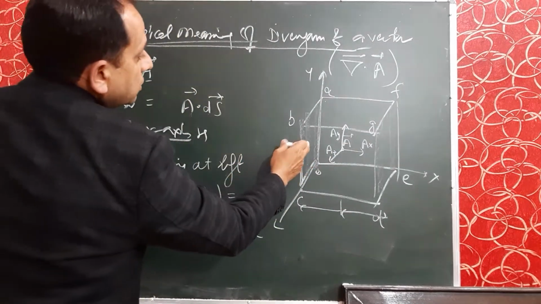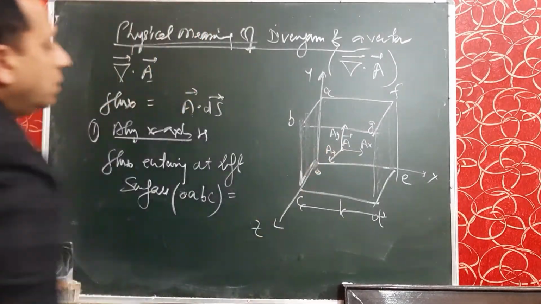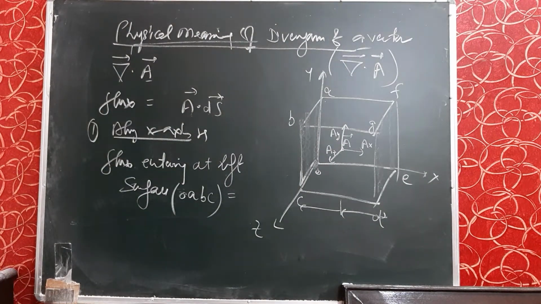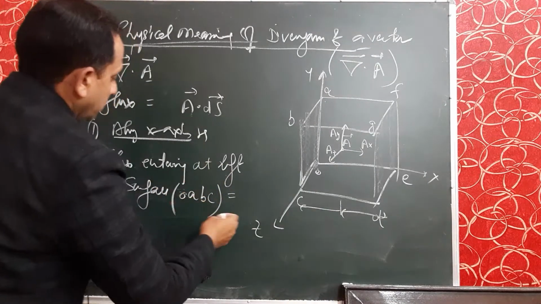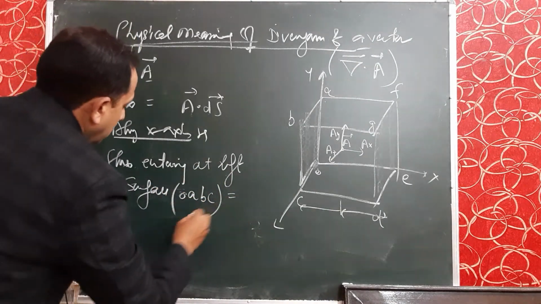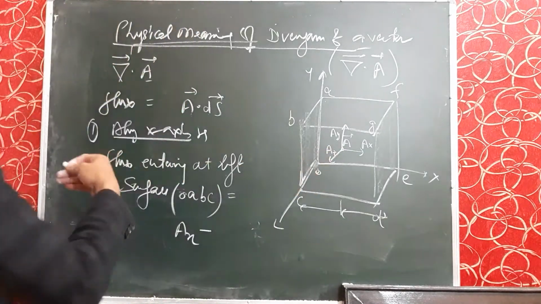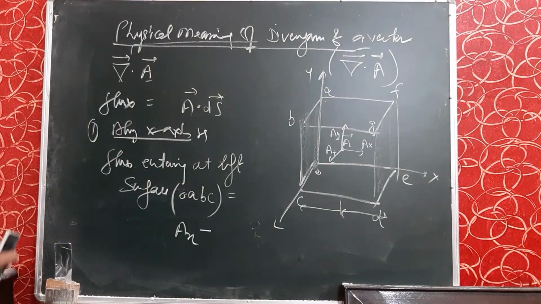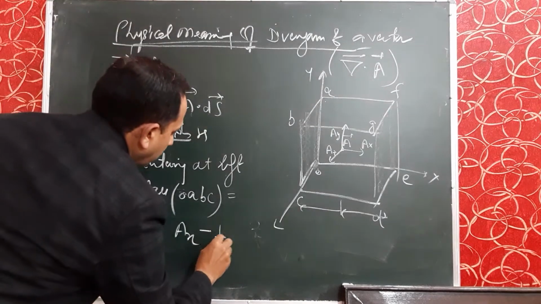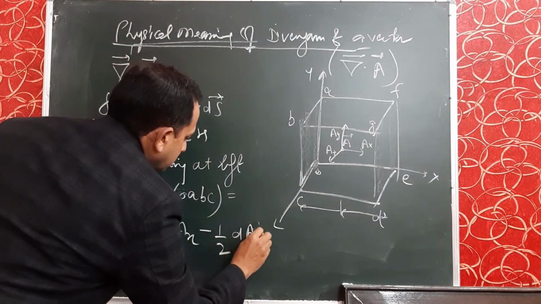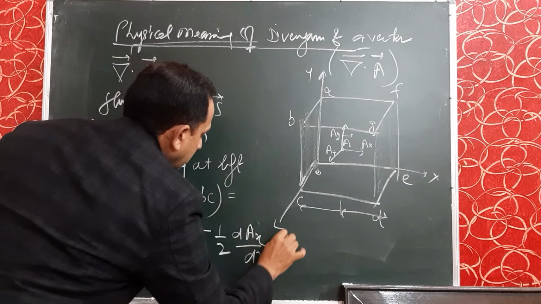So the left surface is at half the distance of the cuboid. So the flux entering at the left surface is equal to Ax minus, because it is on the left side and flux is decreasing along this side, Ax minus half of dAx upon dx into dx.